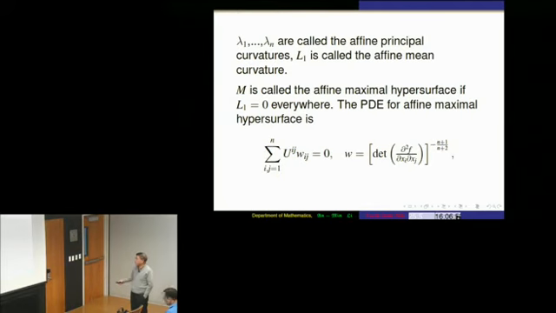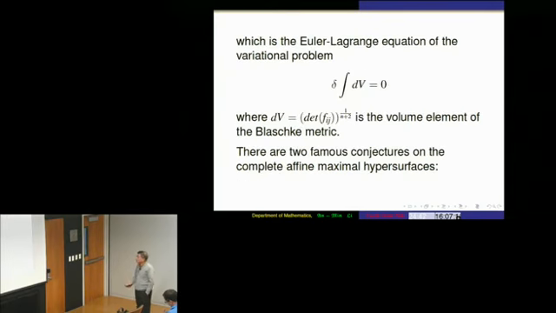M is called an affine maximal surface if L_1 equals 0 everywhere. The PDE for the affine maximal surface is this PDE, which is the Euler-Lagrange equation for the following variational problem, where dI is the volume element of the Blaschke metric.